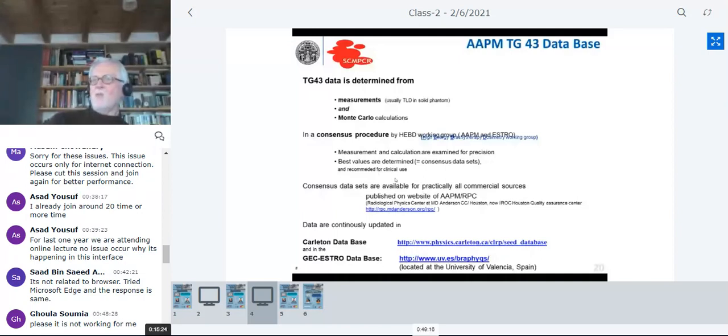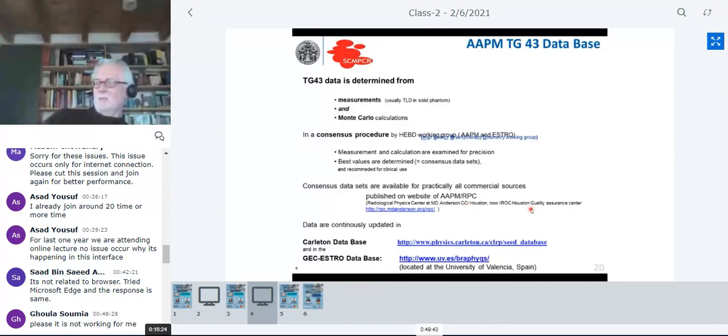So if you want to check if your planning system is correct, go into the internet, look at the TG43 data for the source that you are using, and compare that to the data that is tabulated in your planning system. They're published on the website of the Radiological Physics Center, RPC, of the AAPM, which is sited at the MD Anderson Cancer Center in Houston.